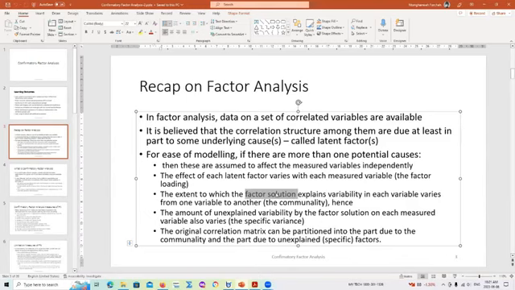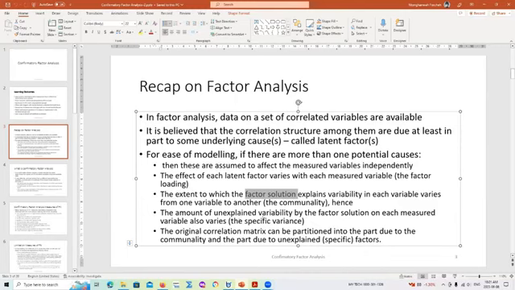Because our variables are always standardized to have unit variance, the sum of the specific variance and the communality should give us 1 for each variable. These two statements are complementary: when one is true, the other will also be true.